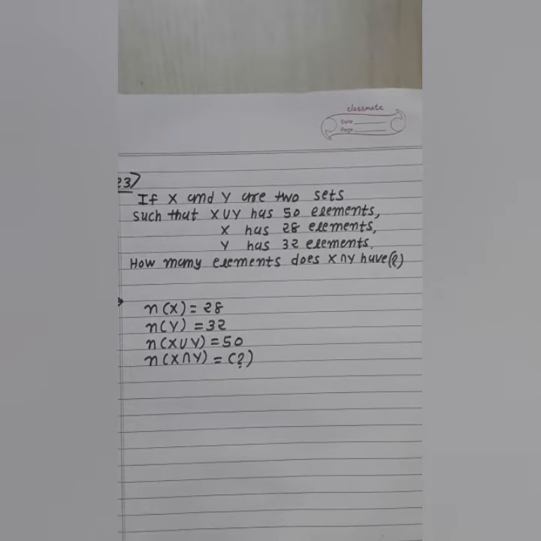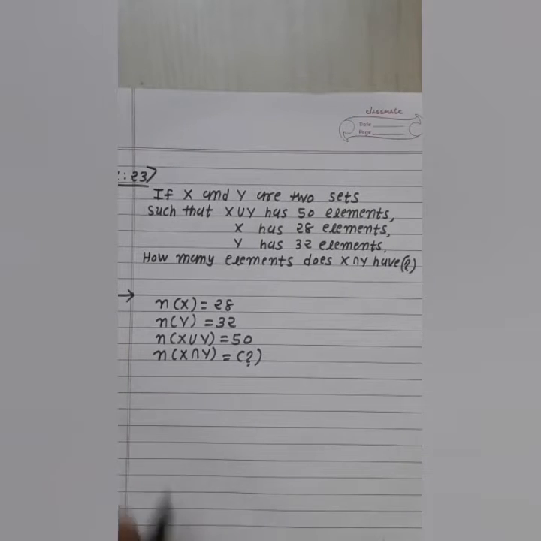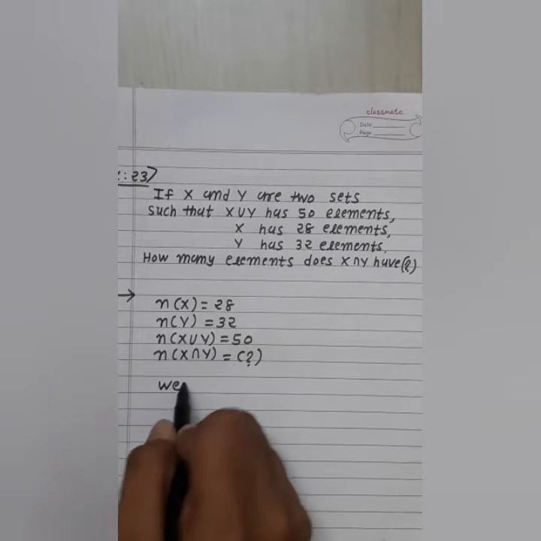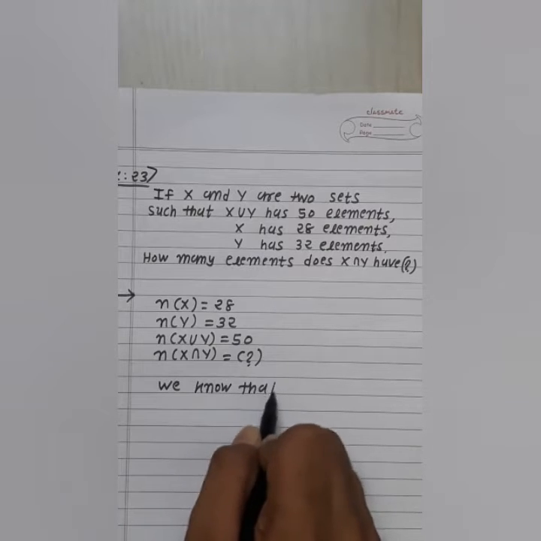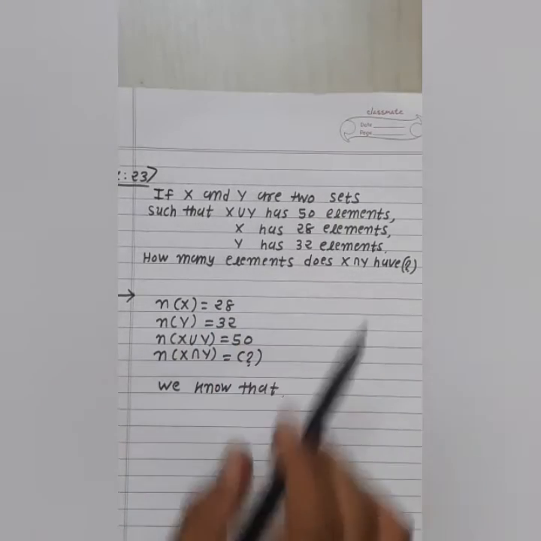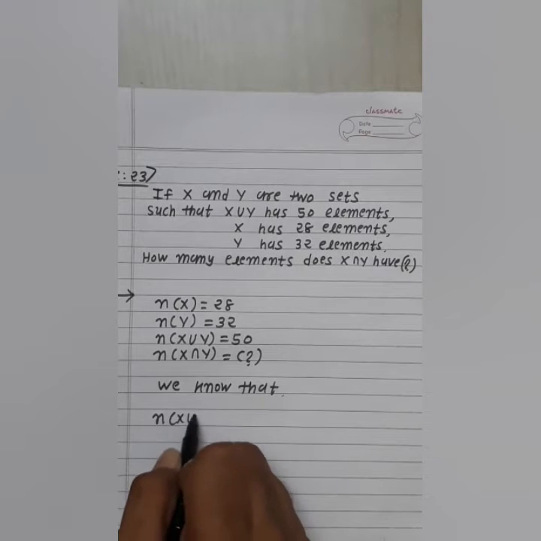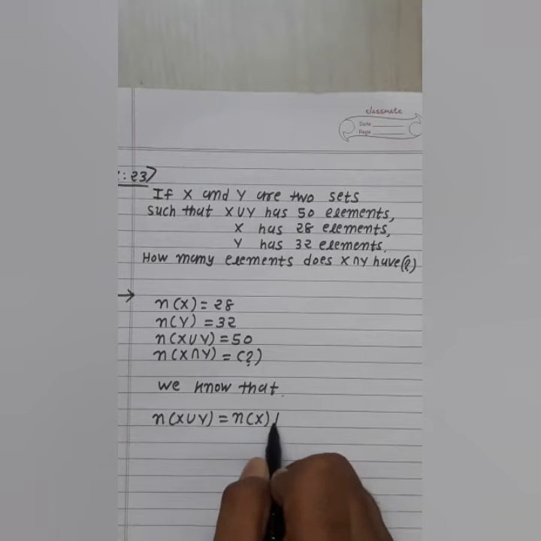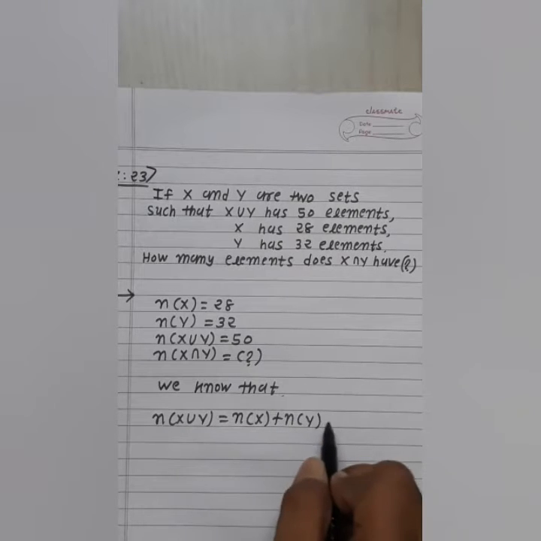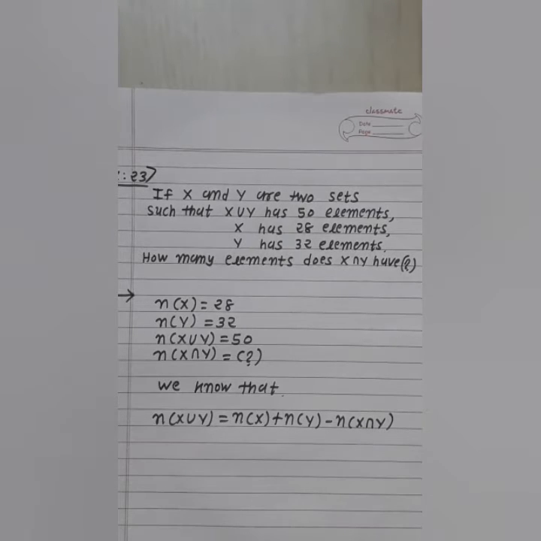Now again the same method, the same formula applies here. First of all, we know that two sets are present, so again the same formula, n of x union y is equal to n of x plus n of y minus n of x intersection y.